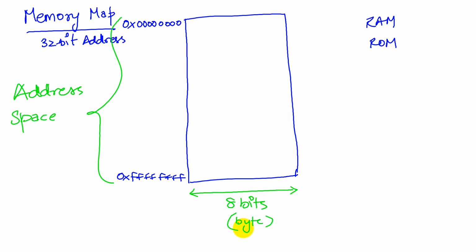Now let's take a look at the various banks within the memory. The memory itself is composed of a region of memory which starts from 0 all the way up to a location which is 0x0003FFFF, which makes up 256K of flash or ROM.